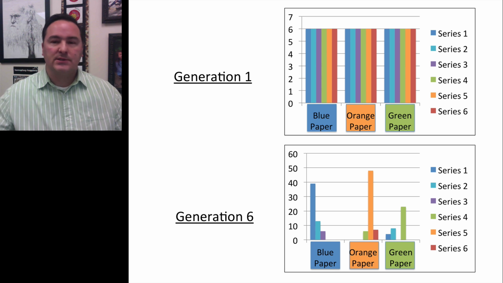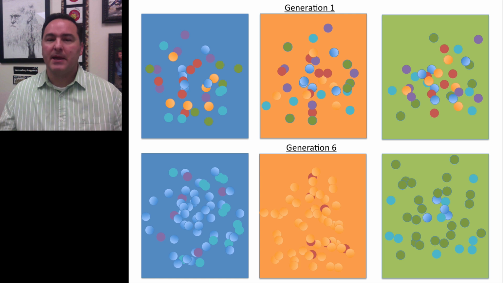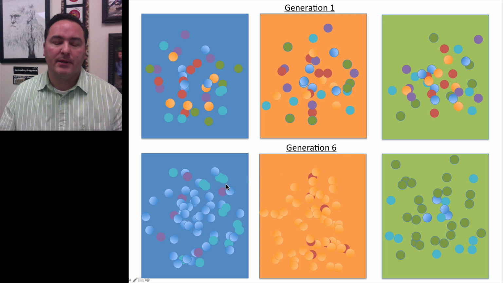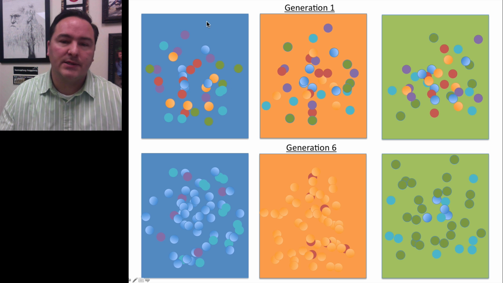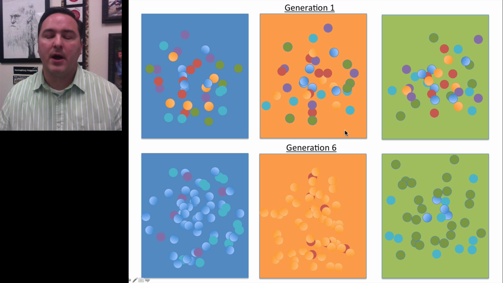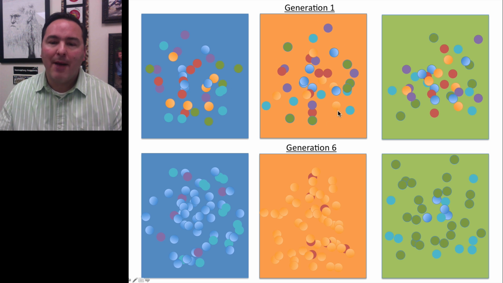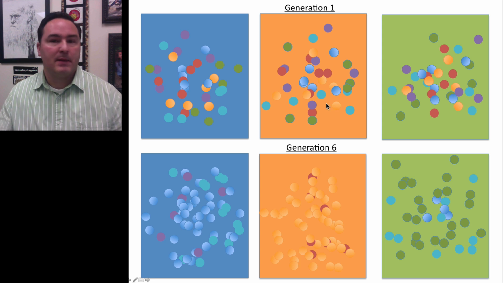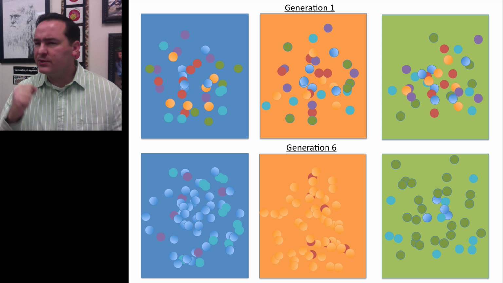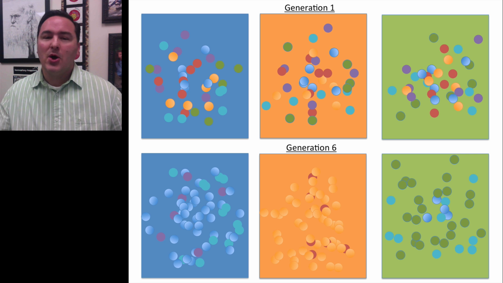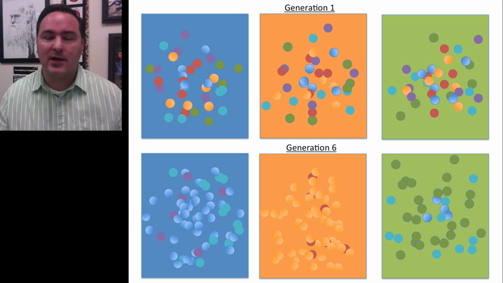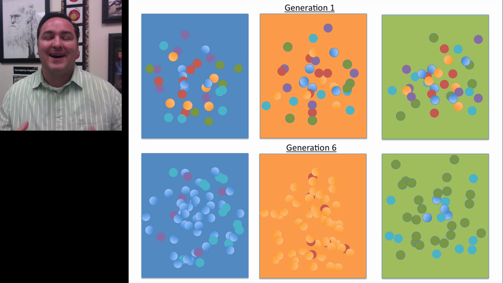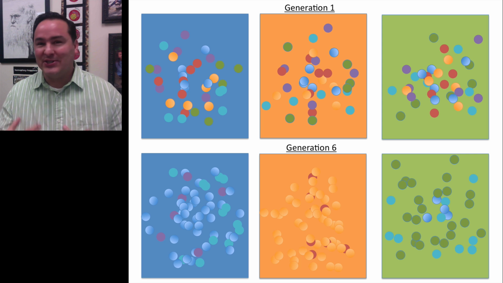So if you think about it, this makes complete sense. Because given an environment that is, let's go to the orange one here, given an environment that is orange, if you happen to be a color that matches the background, not because you strived to be that color, or because you thought you could change your color, you are what you are, and that's what the genetics of each individual organism determines.